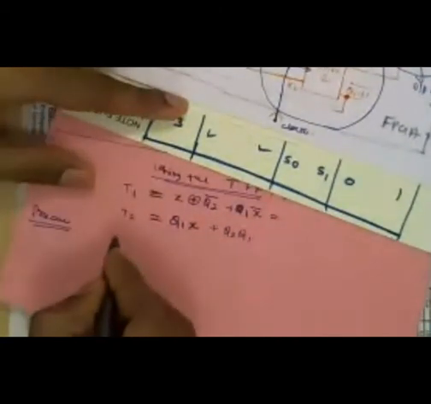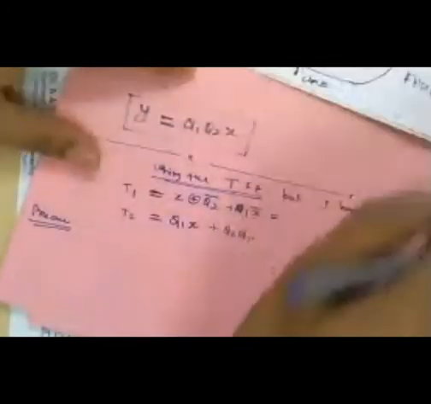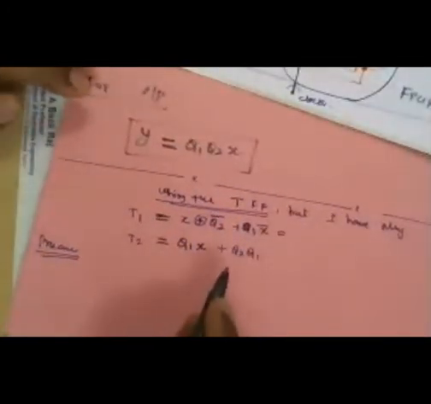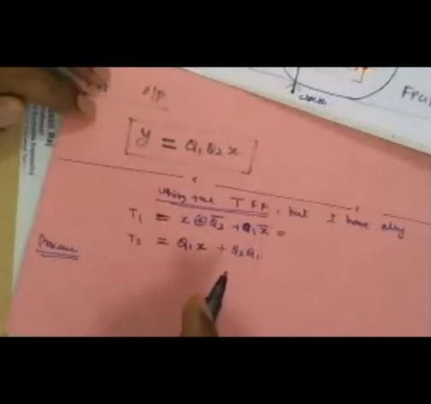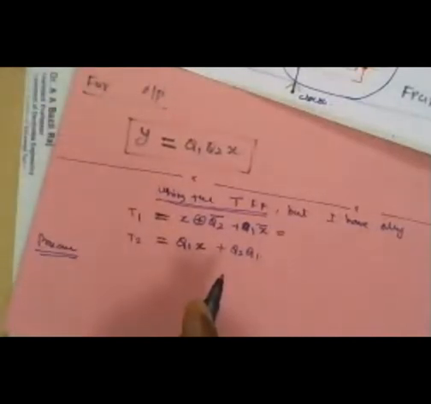Sir, for how many bits? Acha, you take 3 bits. Three bits now, right?